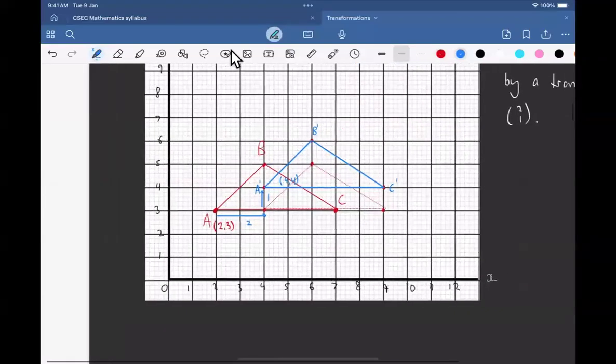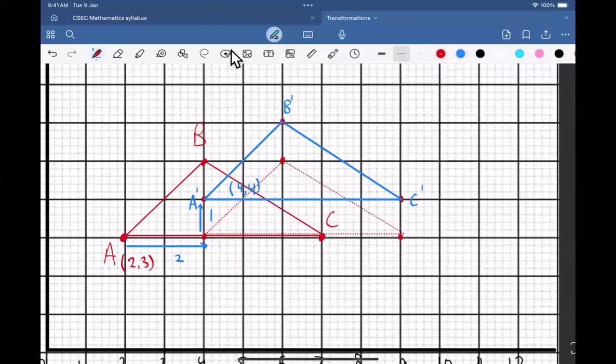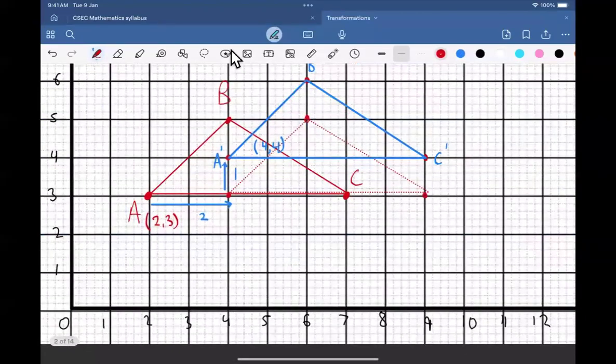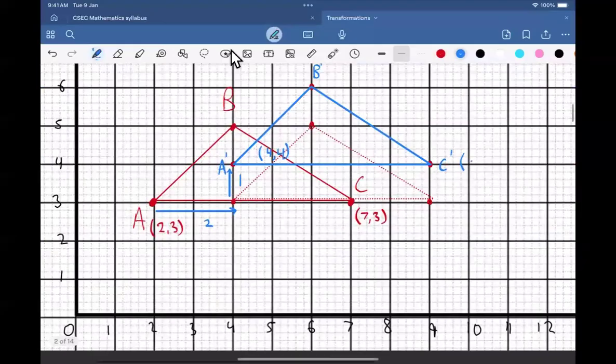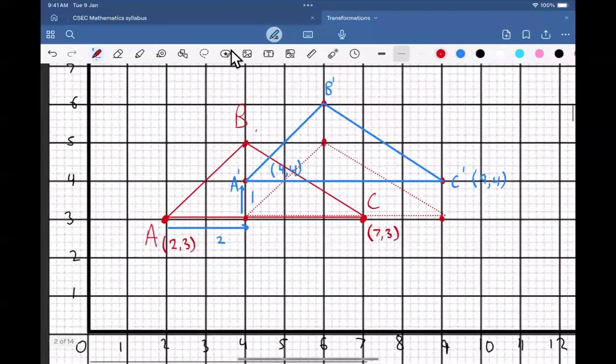Now I want you to pay attention to something and keep that trend in mind. Point C is 7, 3, and C prime, when I move it, is 9, 4. B is 4, 5, and B prime is 6, 6.